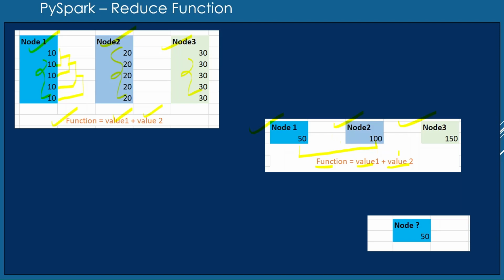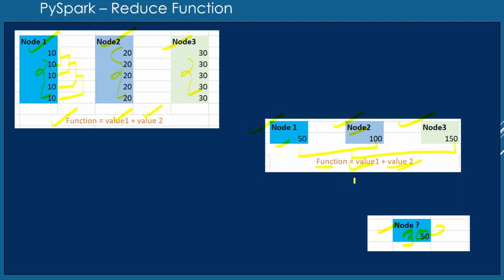Whatever the result of the addition of this value and this value is, it will become value 1, and it will add the next value as value 2. The final output would be this one. This is a typo. Actually, this is 300. It should be 300. This is a typo.